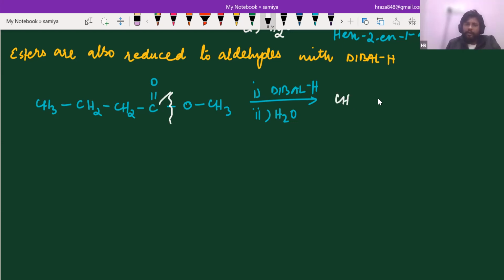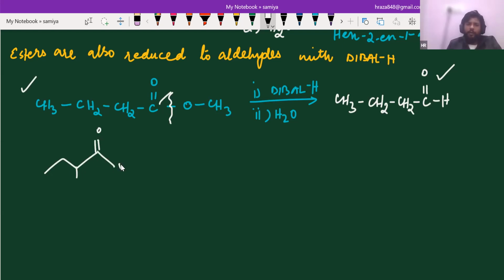So it will be directly converted into aldehyde, CH2, and then C double bond O. So this is how ester can be converted into aldehyde. So I'm going to give you a question like this. Can you tell me the name of the product?